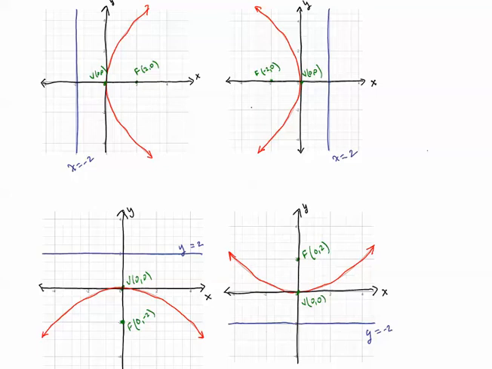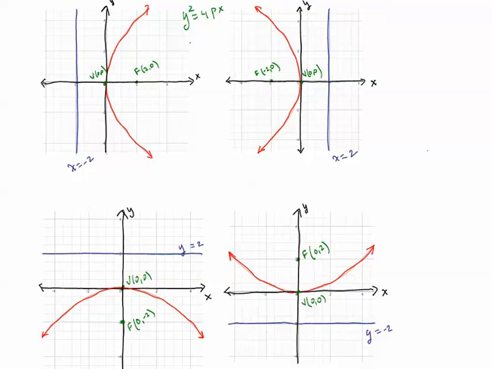If it opens to the right or left, we have the equation y squared, not x squared, which is different from the common algebraic form y equals ax squared plus bx plus c. So here we have y squared equals 4px.